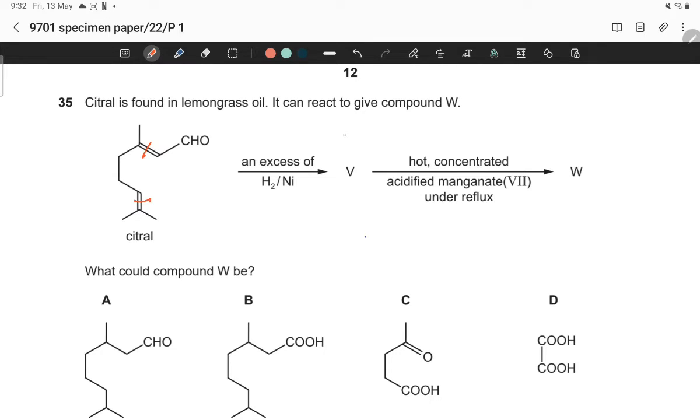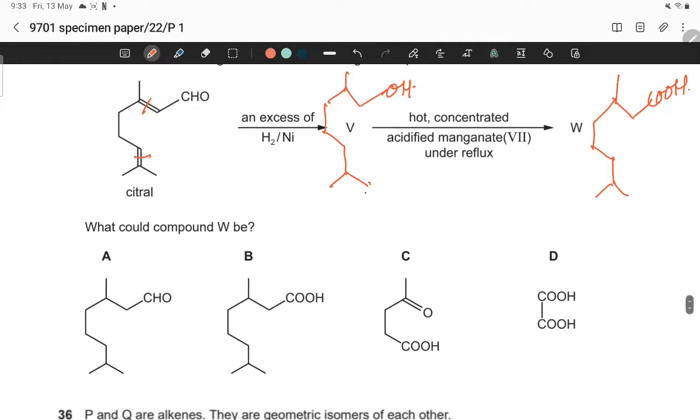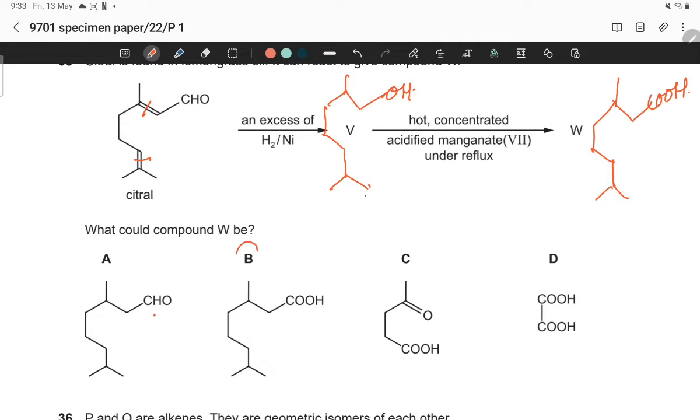The compound could be also reduced to form OH, completely saturated, and with hot concentrated acidified manganate under reflux, the W could be COOH. So CHO, so B option is correct.